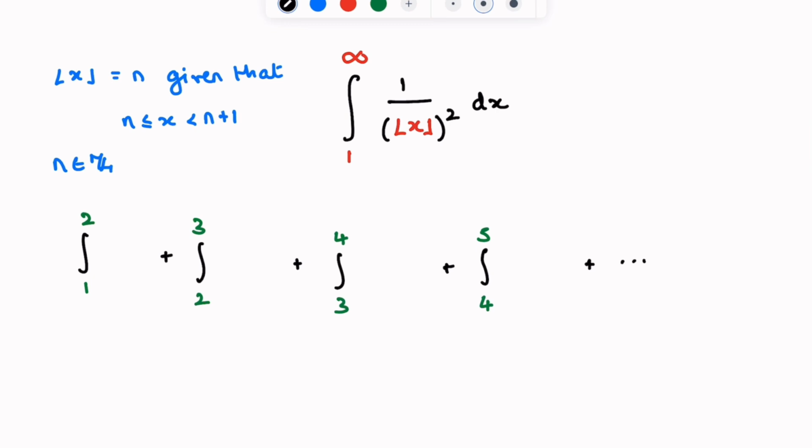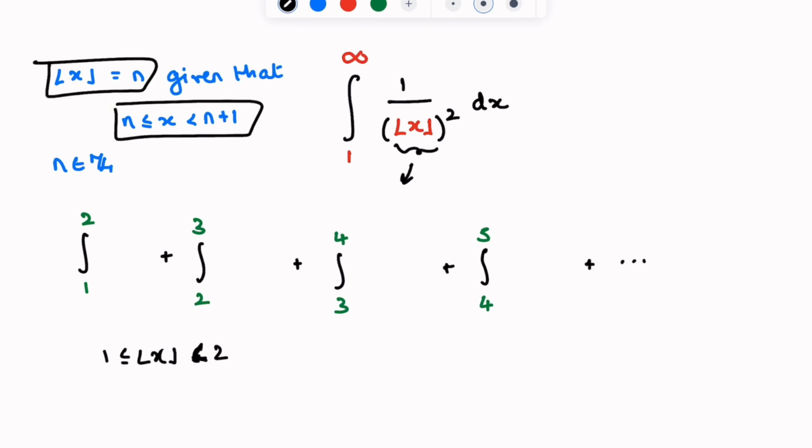Now, what does this mean? Well, on each of these different intervals, this floor function of x is just going to be equal to the lower bound. Because in this integral here, the floor of x is bounded between 1 and 2. Now, what does that mean? Well, if x is bounded between n and n plus 1, the floor of x is just equal to n.